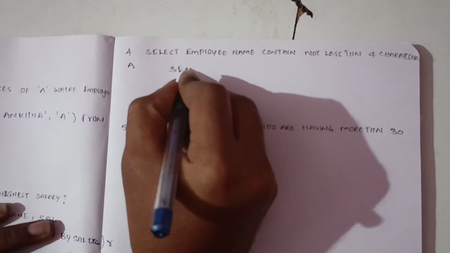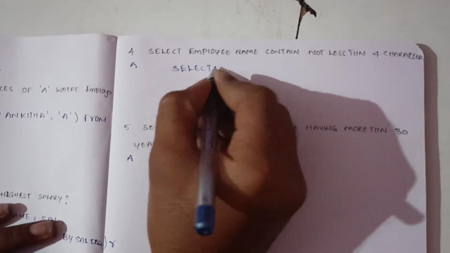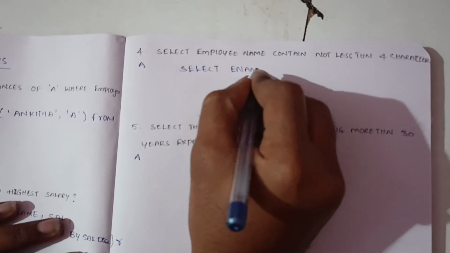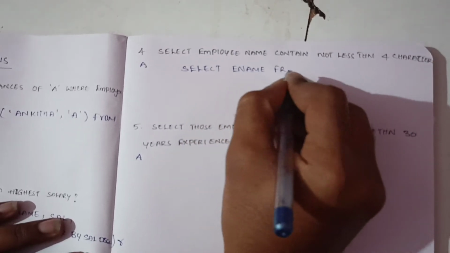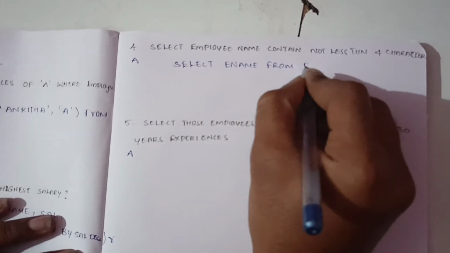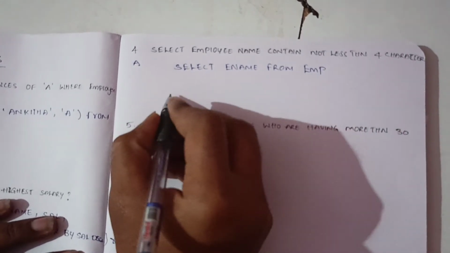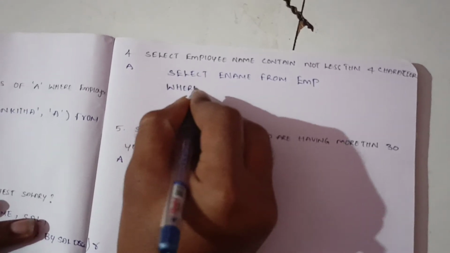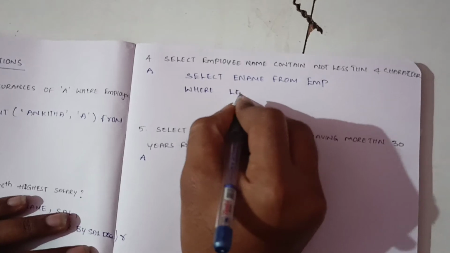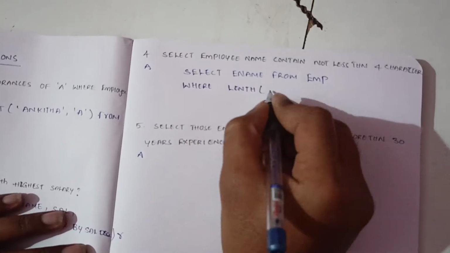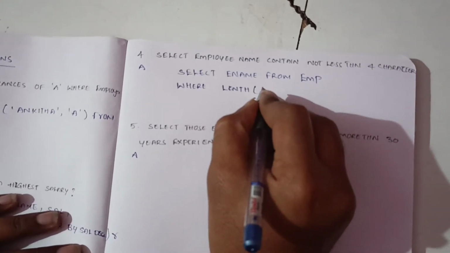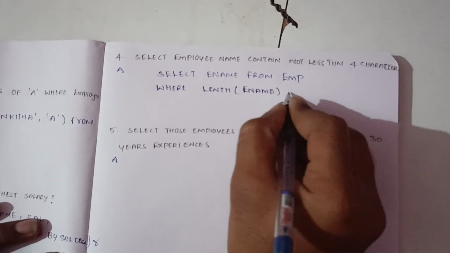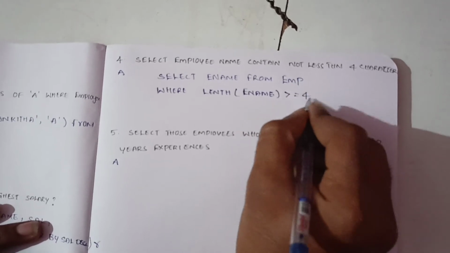Select employee name from employee table, where, by using the length function we are going to write the query, there are many ways to write the query, length of ename greater than or equal to 4.